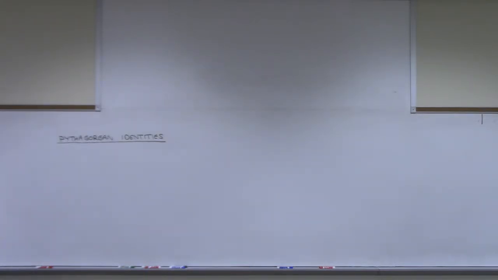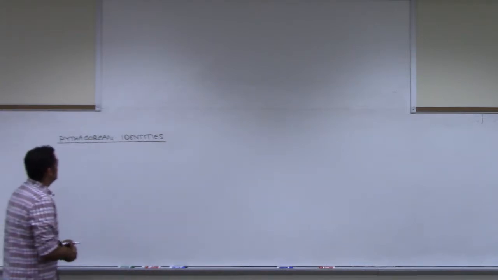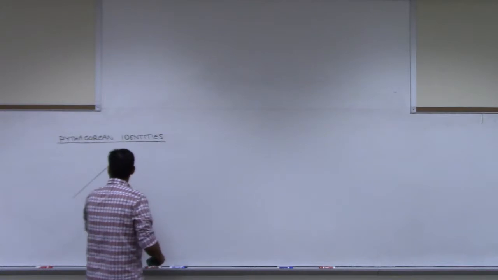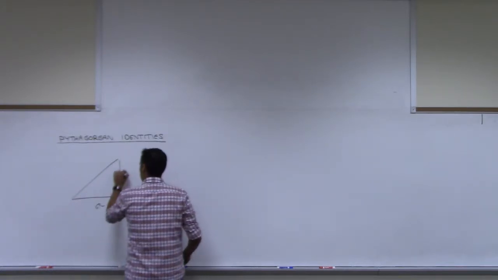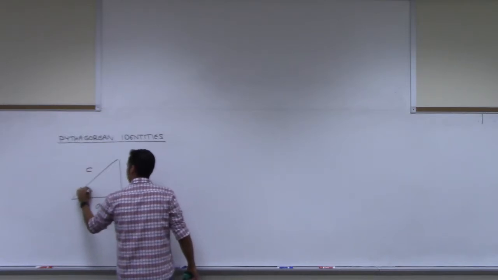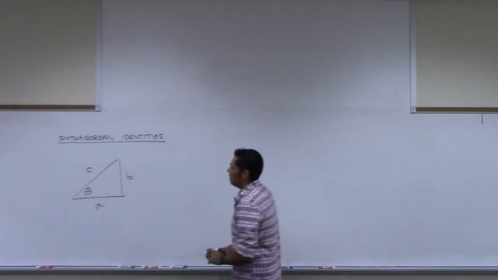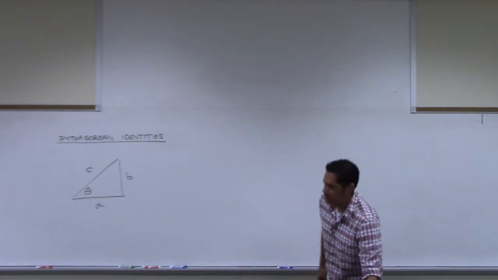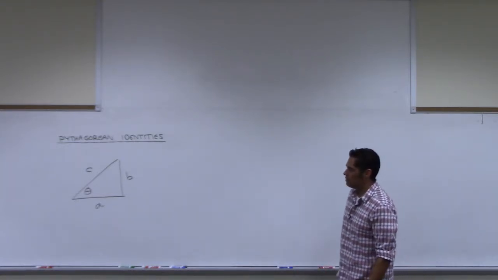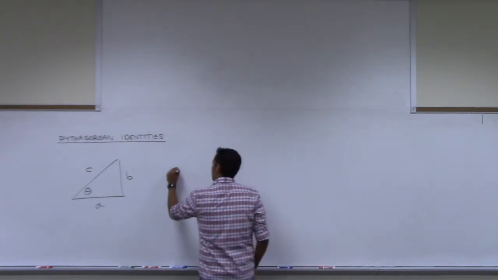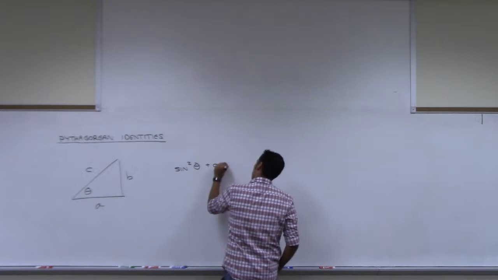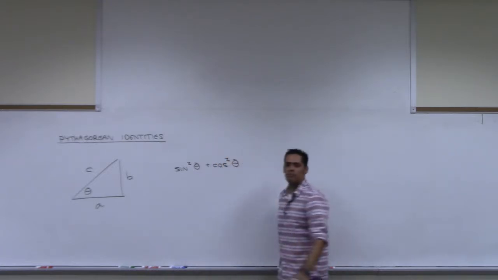All right, so Pythagorean identities. I think I'll try and motivate this with a picture. Let's go with this again. A, B, C. Let's call this angle theta. Now, this is kind of a cheating way of showing you this, but it saves some time.